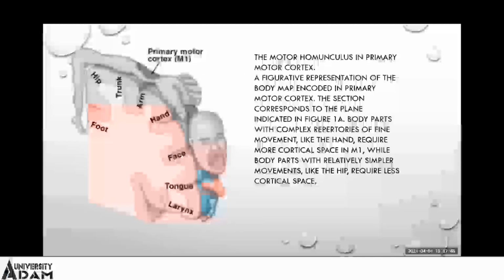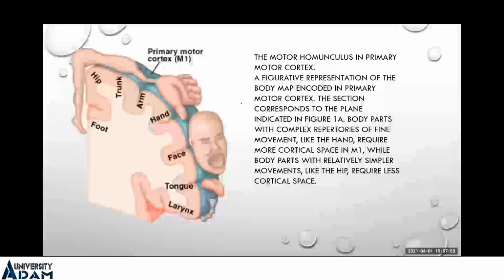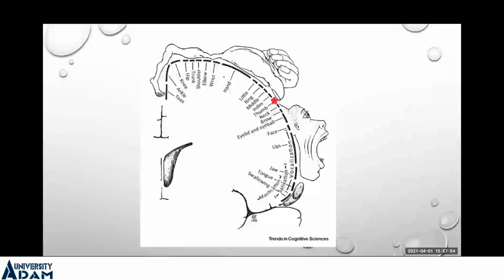This is like a representation of the body map encoded in the primary motor cortex. And as you can see, here are small areas for the legs and a big one only for the hand. So why? Because the hand requires more cortical space because of the fine movements that we can do with the hand.